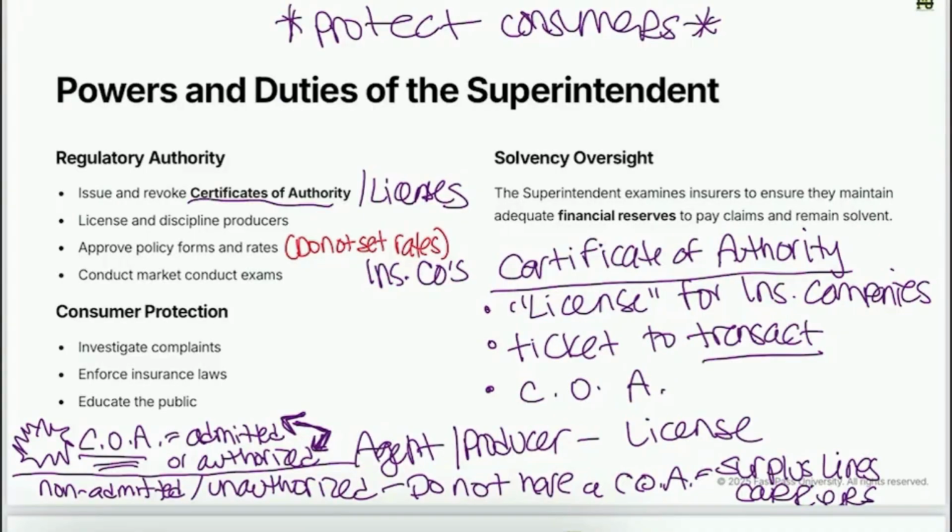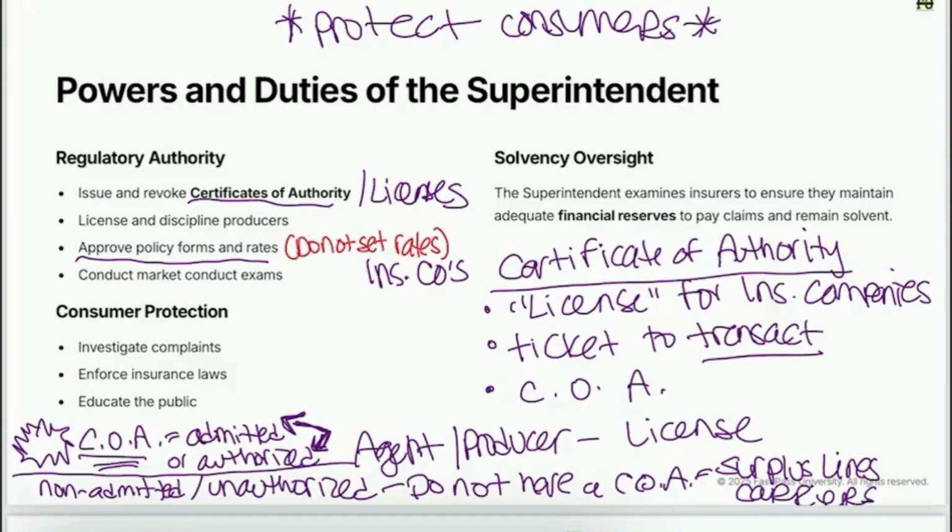But of course, they could change them up at any time. So make sure you're understanding the whole concept and all of the duties and responsibilities. They also conduct market conduct exams and investigations. So they will go in and examine and investigate insurance companies, records and things like that. Consumer protection, as we said, is the number one job and focus of the superintendent.